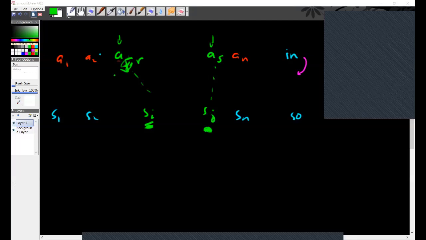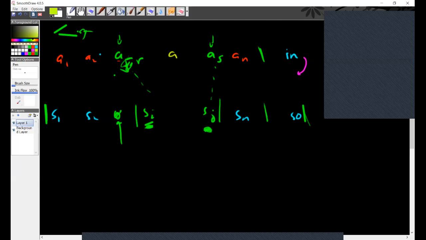Now, the thing is this. At this point in the execution of the input, if I were to pick some random pivot, let's say something on the left of SI and SJ, it might correspond to something in the middle.